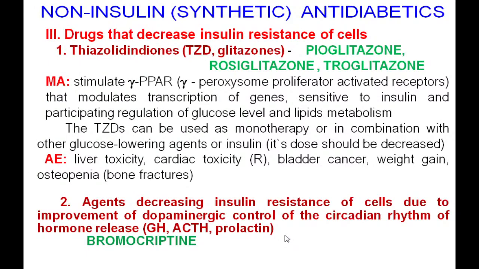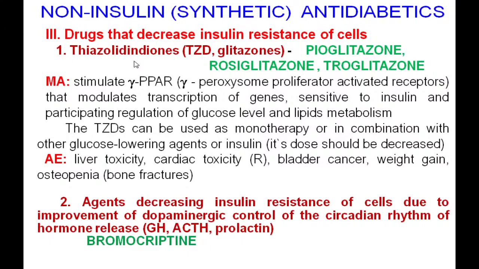Third group, the drugs that decrease insulin resistance of cells. This group includes thiazolidinediones or glitazones, and second one, agents decreasing insulin resistance of cells due to improvement of dopaminergic control of the circadian rhythm of hormone release.